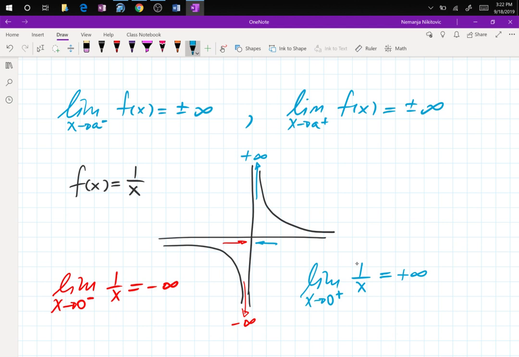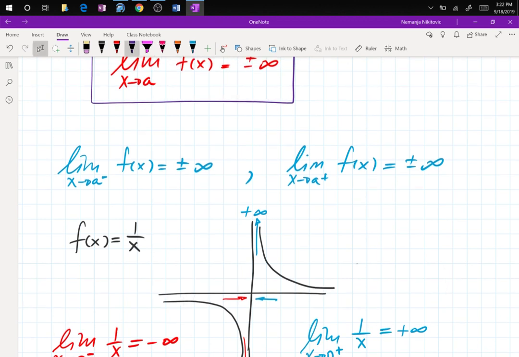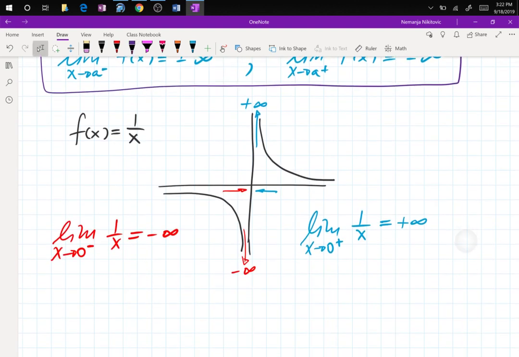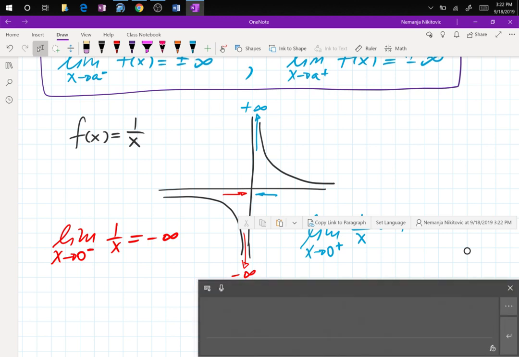As you can see, both of these limits are featured in the problem. Last class we learned the theorem which says if the left limit and the right limit are the same, then the overall limit is that value, and if they are different, the limit does not exist.